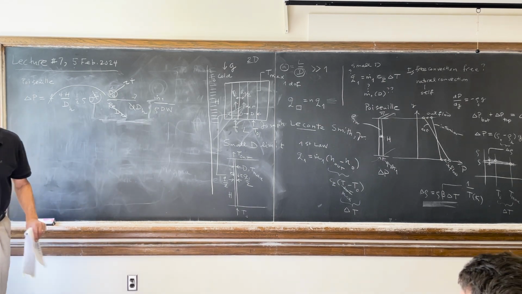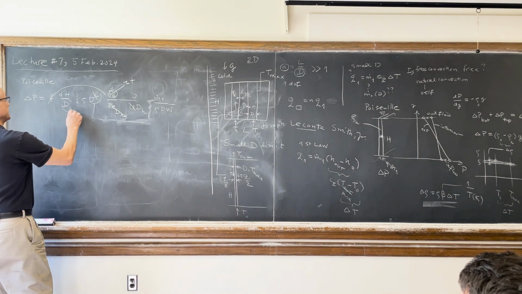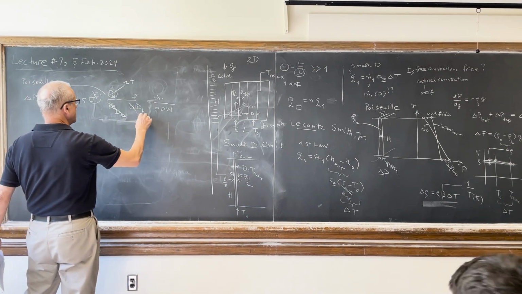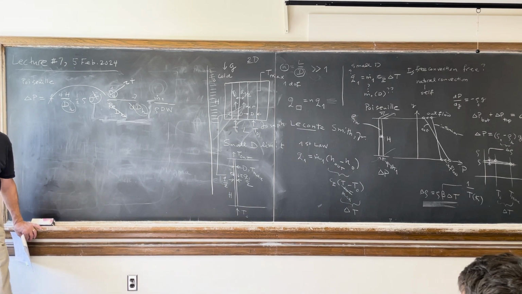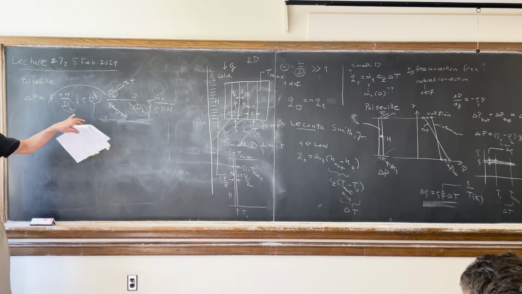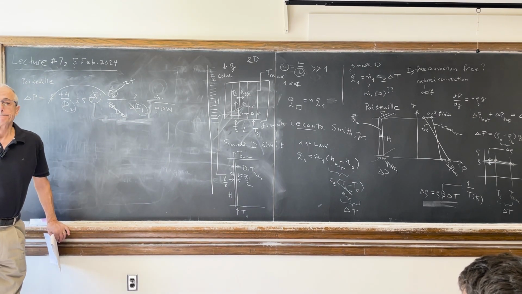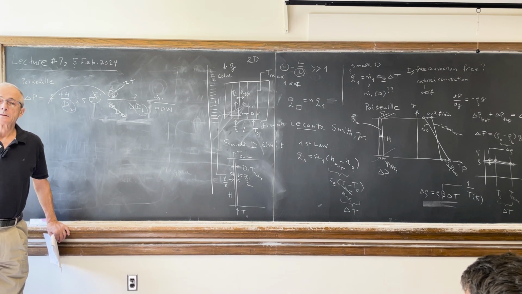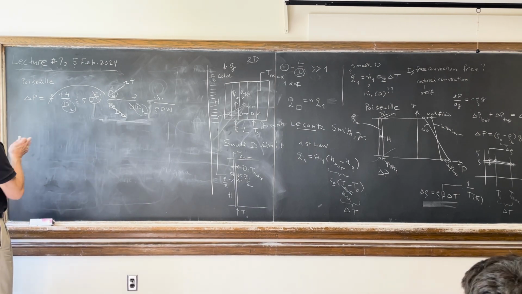Another substitution to make has to do with the hydraulic diameter that appears twice. I'll make a drawing to invite you to remember the answer to the question of how big is the hydraulic diameter of a slit. And that drawing is the following. So let's imagine you're looking at the slit.